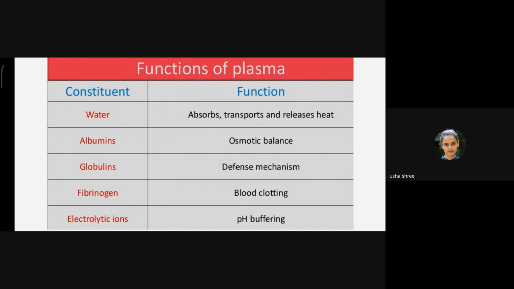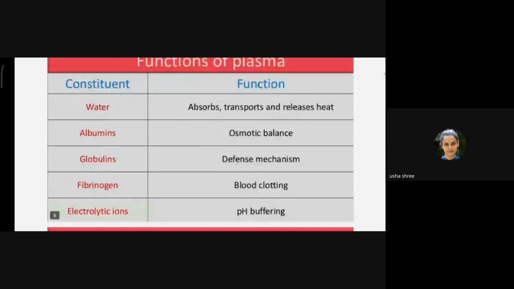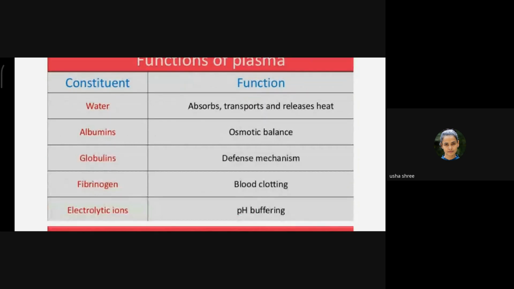Platelets are primary, and fibrinogen is the protein that is responsible for blood clotting. Then electrolytes. Electrolytes are responsible for pH buffering of blood. Okay. So at first we have water, then proteins, then electrolytes.